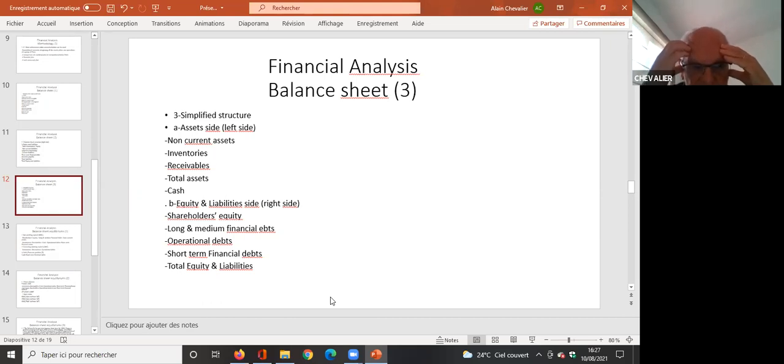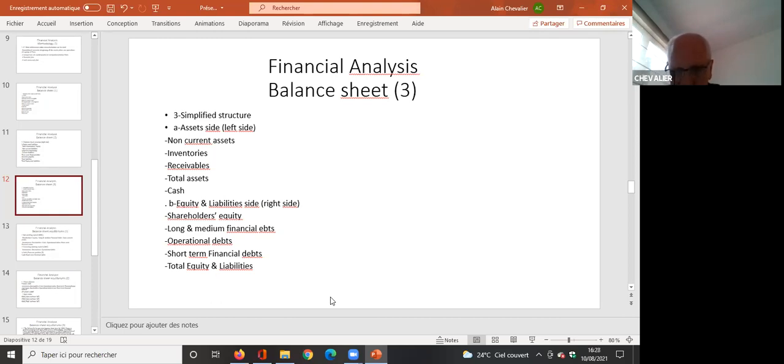Total assets should be below. Sorry for that presentation. So if I summarize, I have 4 categories on the right side, 4 categories on the left side. On the left side, I've got the non-current assets or investment first, second, the inventories, third, receivables, fourth, cash.